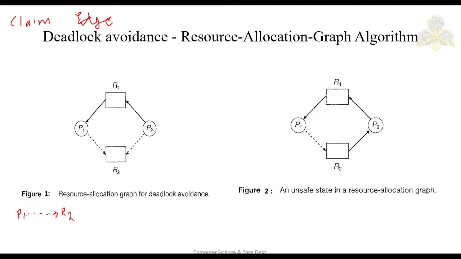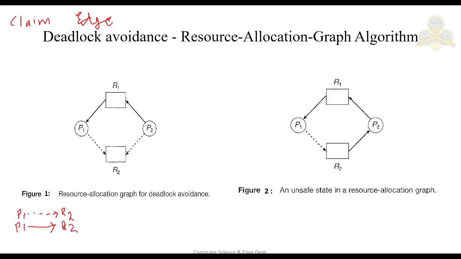So first the claim edge would be there, then the same edge would be converted into your request edge. I'll draw a separate edge here, but you have to understand that wherever this claim edge is present, that same claim edge will be converted into your request edge. It is something like this, from process P1 to R2.